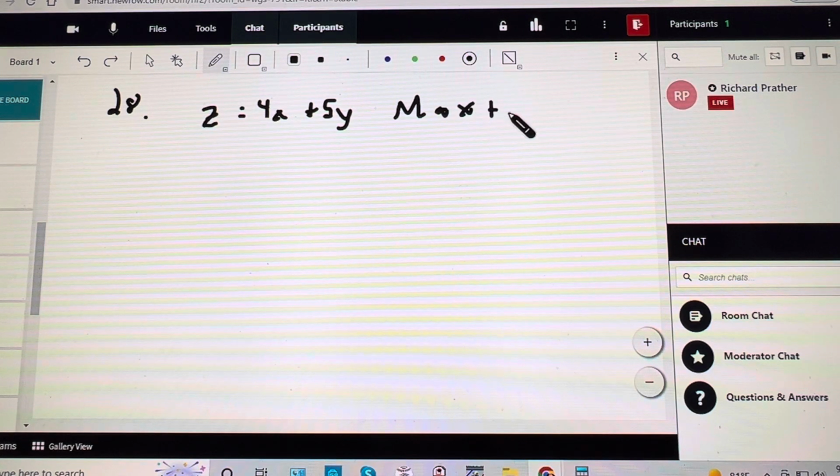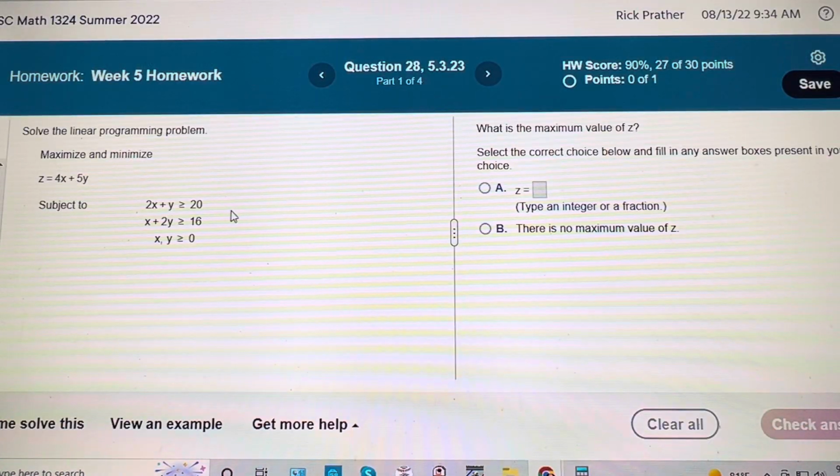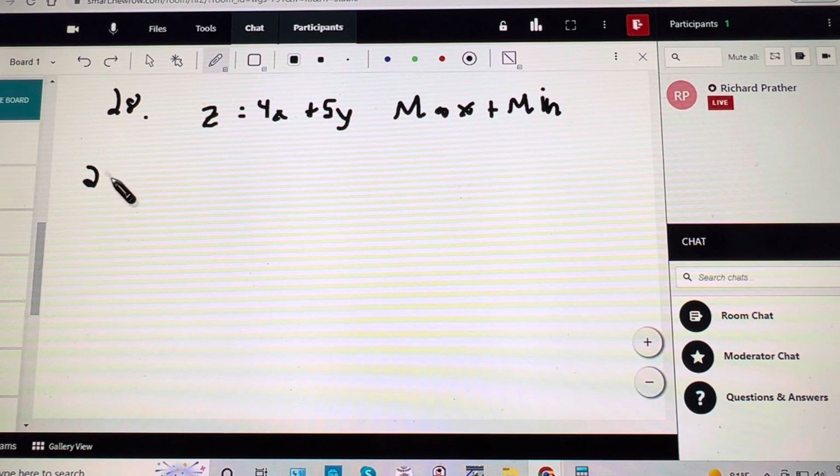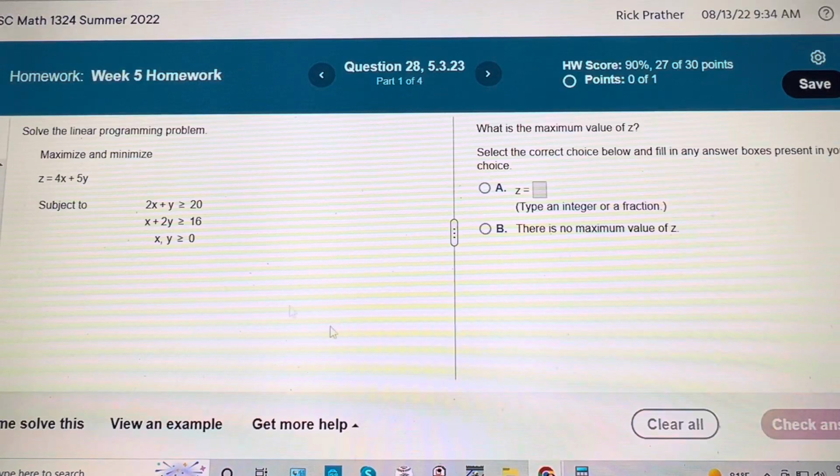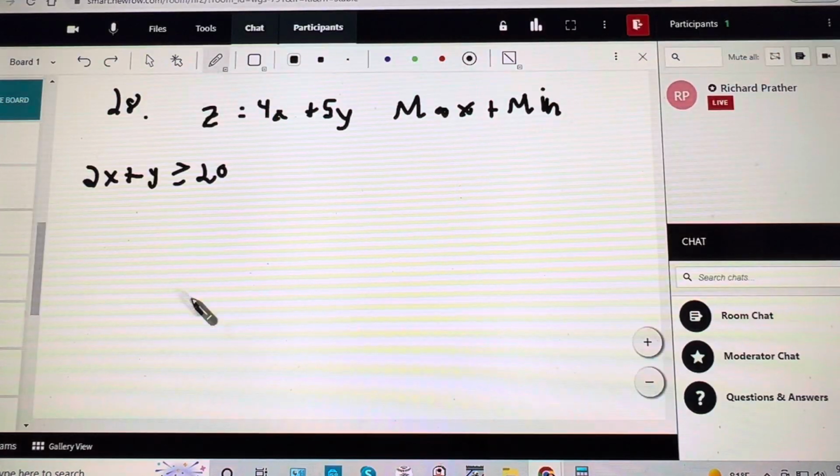So now, when we make our table, we're going to look for the lowest and the highest answer. We have two main inequalities plus our positive x and y axis. So 2x plus y is greater than or equal to 20. And x plus 2y is greater than or equal to 16.